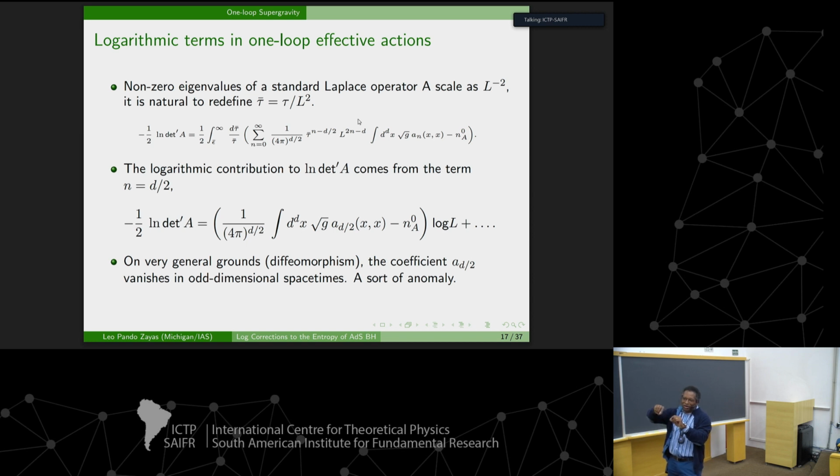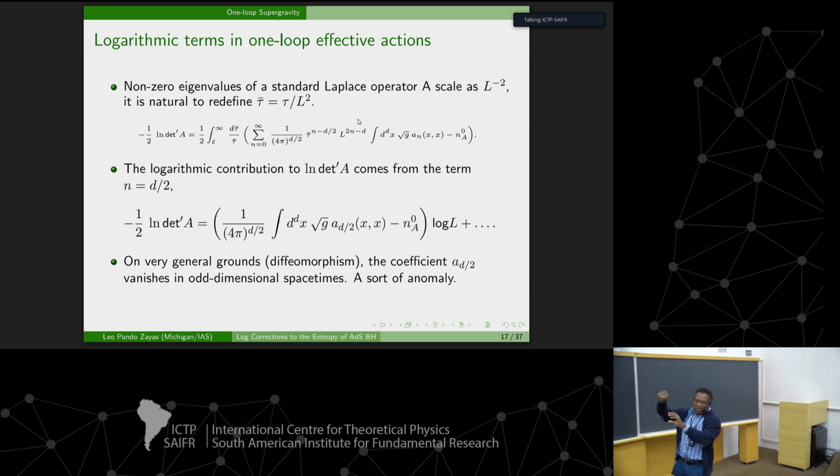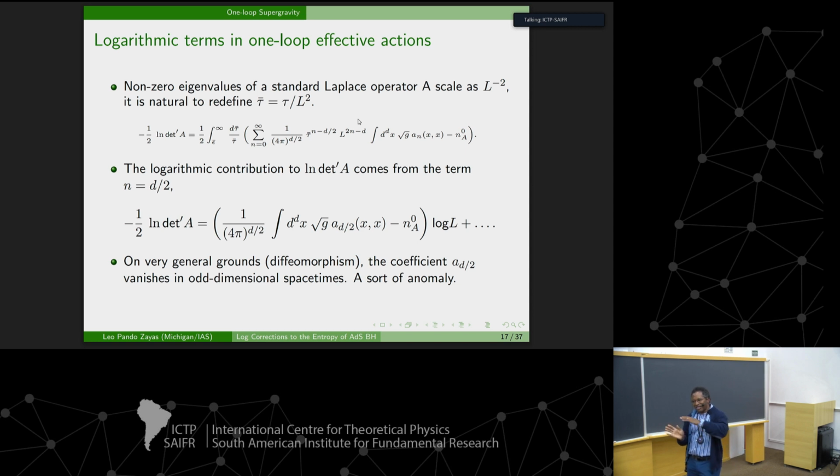There are corrections that come from higher derivative terms, and they can be powers of the area, or the square root of the area. They come from higher derivative terms. And then there's this log that comes only from massless fields in the loop. So in that sense, it's a little bit like two different directions.